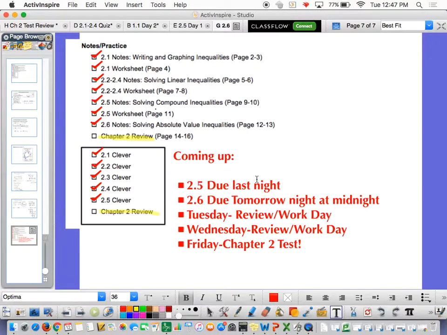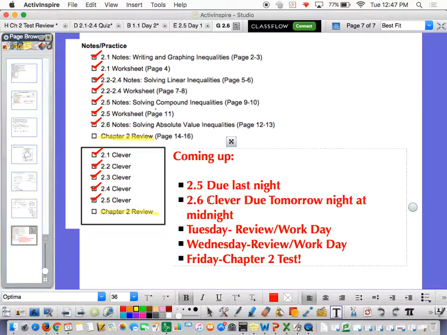There is also a 2.6 clever. So add that to your checklist, add a little box down there and write 2.6 clever. There is not a 2.6 worksheet, okay, just a clever, and it is due tomorrow night at midnight. You should already have it up in your assignments, okay?